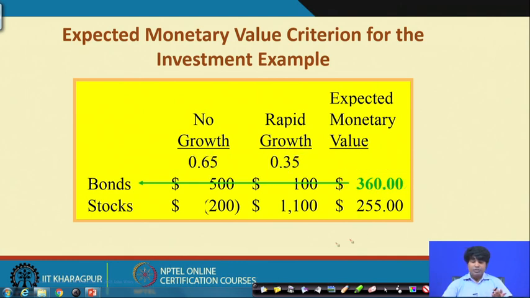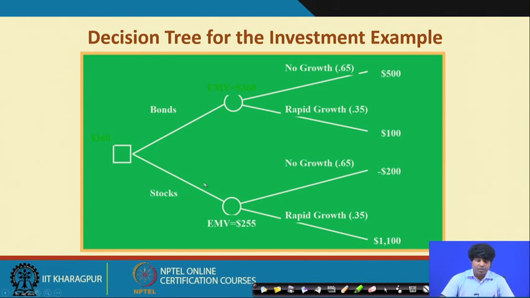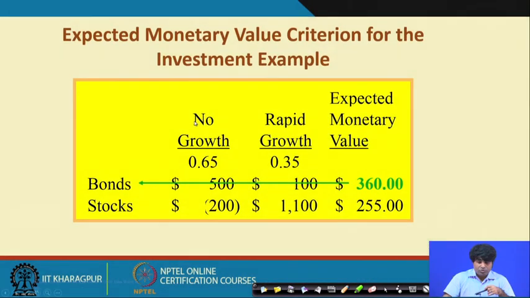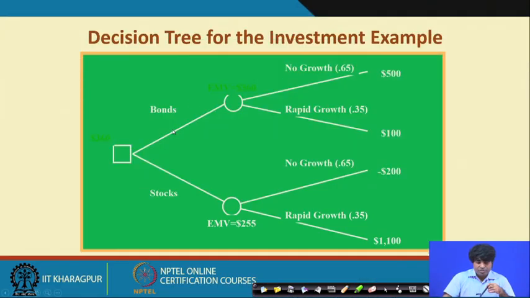So likewise we have different options to address this particular business problem, and this is how the decision tree can analyze it more effectively. And corresponding to these outputs, we can prepare a decision tree which has bonds and stocks, and against bonds we have 2 different options, no growth and rapid growth.